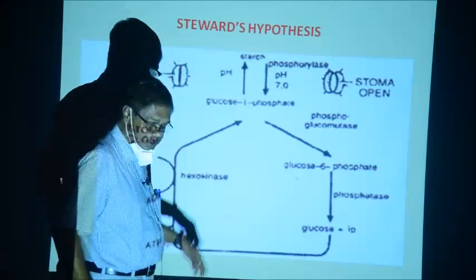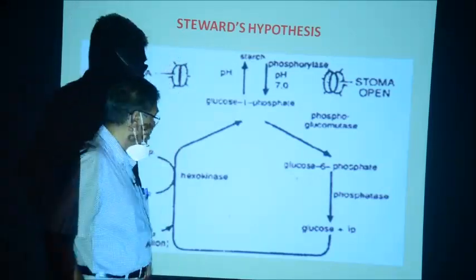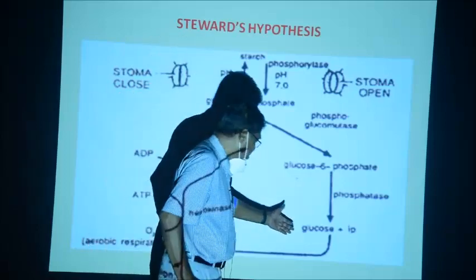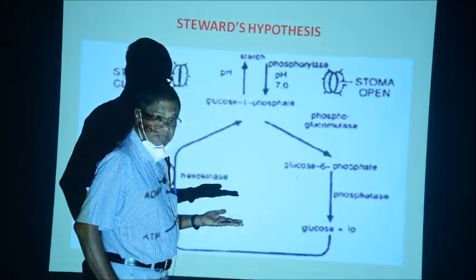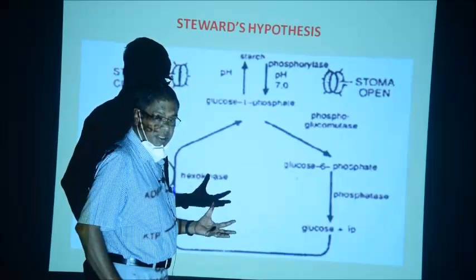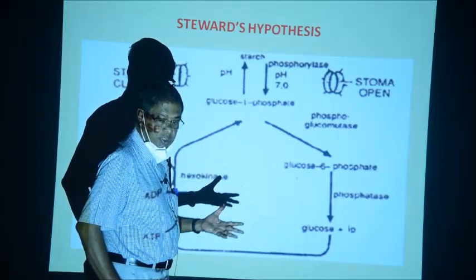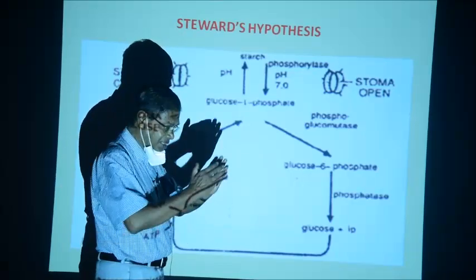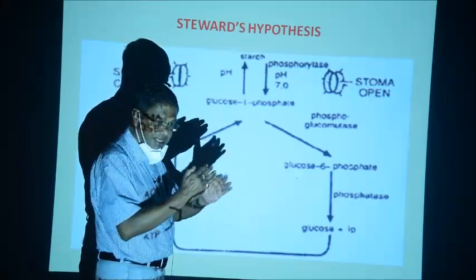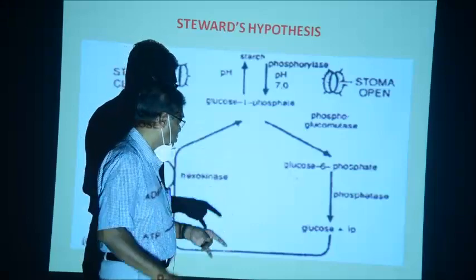Now, this is how the stomata open. During daytime, formation of glucose, which is osmotically active, makes the stomata open because the osmotic concentration increases and water enters into the guard cells, the outer wall stretches, inner wall curves, and the stomata opens.